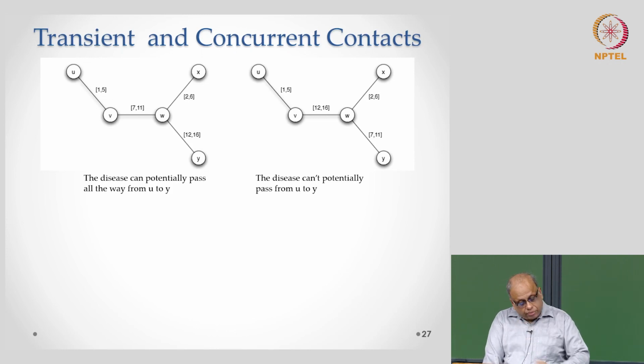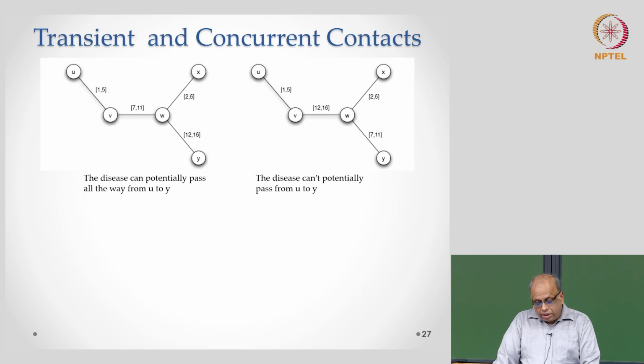But W cannot pass the disease to X. Why is that? Because W could get the disease between the times 7 and 11, but it came in contact with X before that time. Okay, and therefore it cannot pass the disease to X.